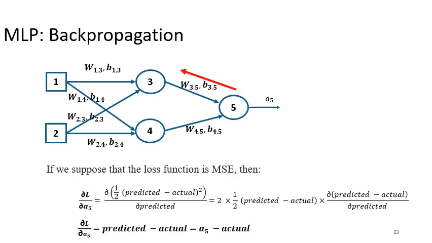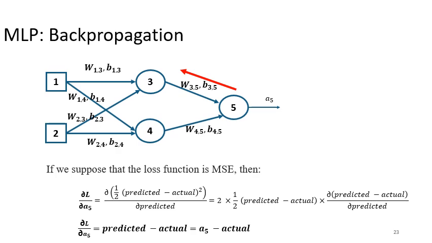If we suppose that the loss function is MSE, the mean squared error, then the partial derivative of the loss with respect to the output E5 is equal to the derivative of 1 over 2 of the predicted value minus the actual value, squared, with respect to the predicted value.